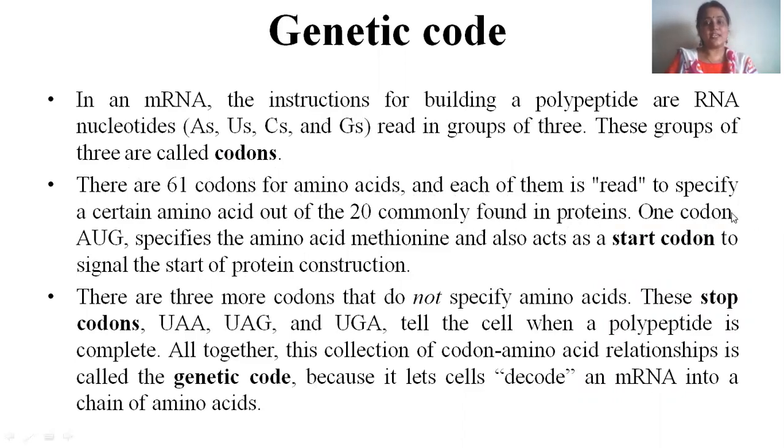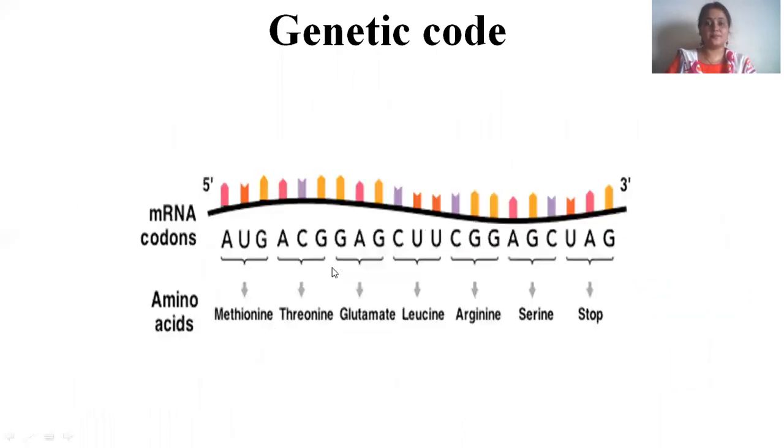AUG is known as the start codon, and UAA, UAG, and UGA are always known as stop codons. This nucleotide sequence, read in sets of 3, AUG, ACG, GAG, CUU, codes for single amino acids like methionine, threonine, glutamate, leucine, arginine.